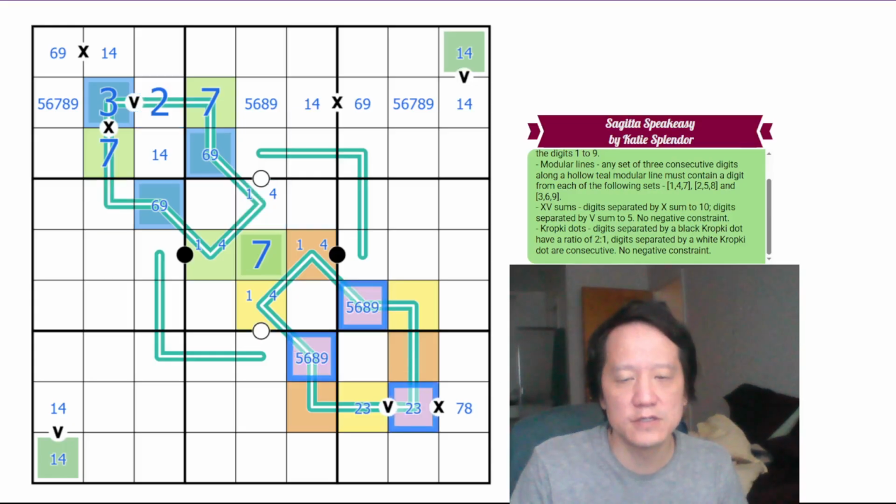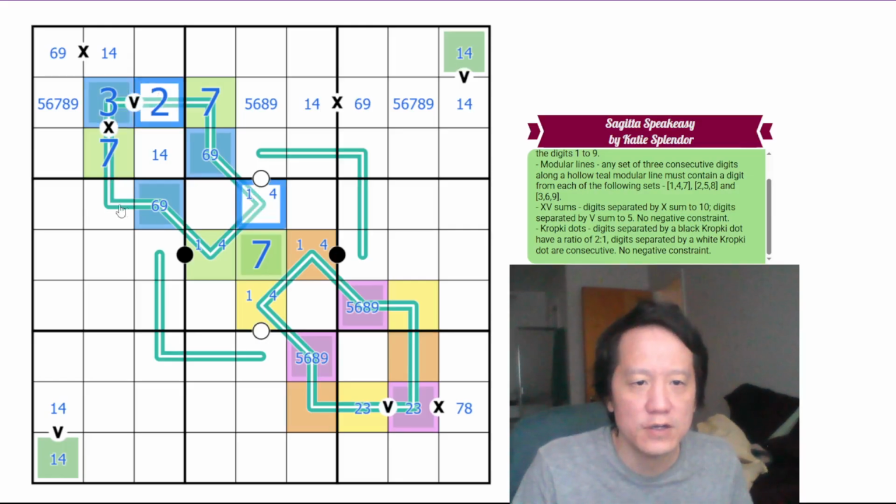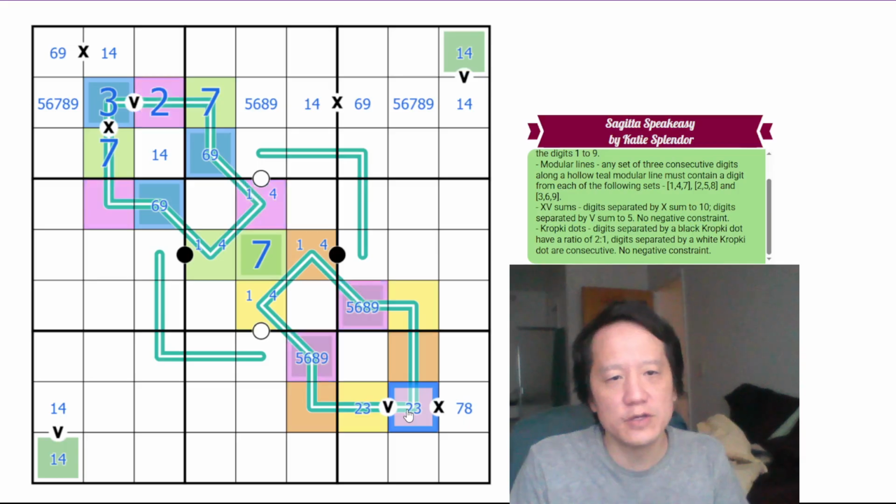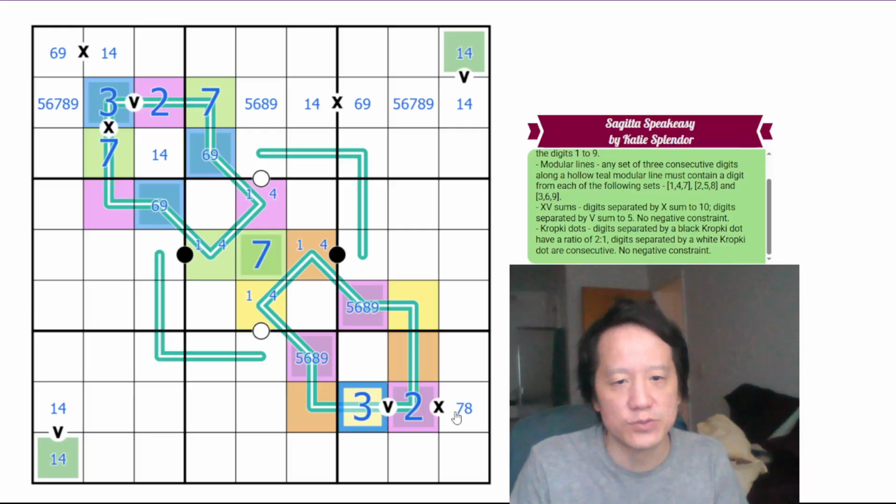And pinks obviously cannot be 0 modular 3 because we have the 6-9 pair. This must be 5-8. So actually, yeah, that works for pink. So this is pink. These are pink. So all the pinks must be 2 modulo 3. So this is 2. This is 3.